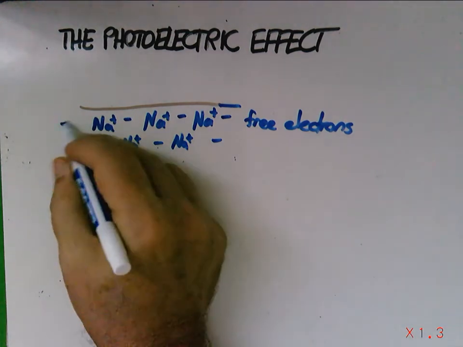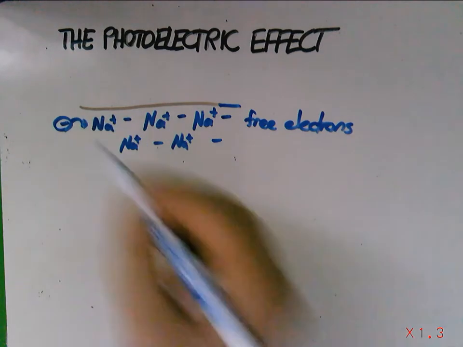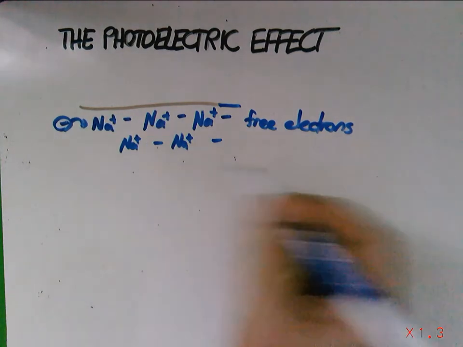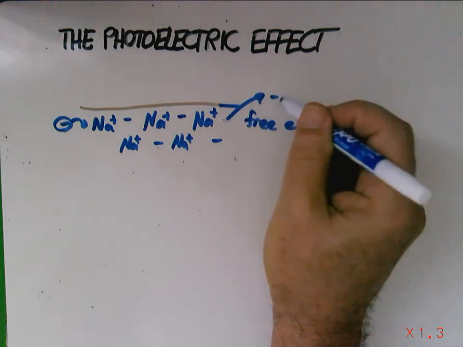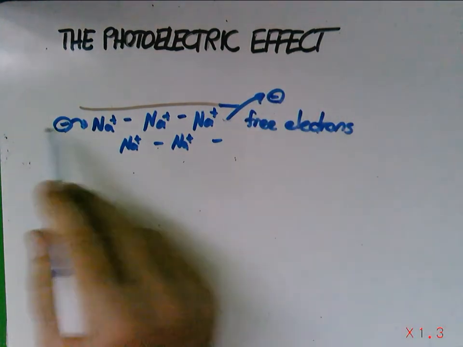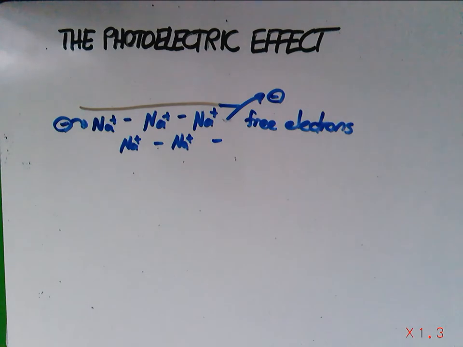If you pop an extra electron in on this side, in order to stay electrically neutral, an electron can just instantly pop off on that side. So without even traveling through the metal, the electron can appear on the other side of the metal, and it looks like the electron moved very quickly from one side of the metal to the other.